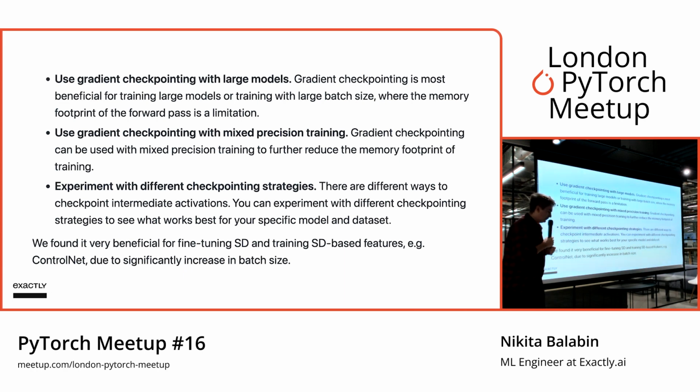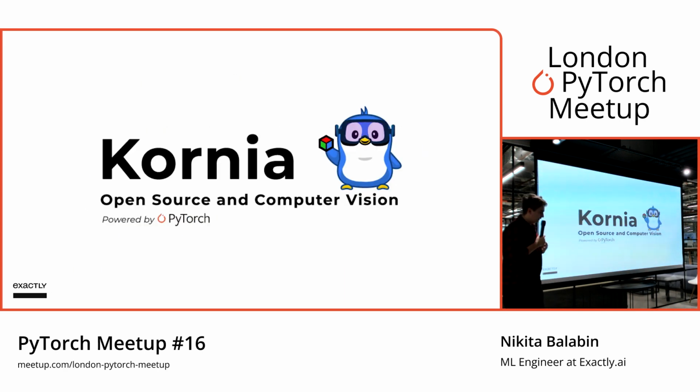In our experiments with diffusion models, it's really beneficial because it helps us save memory and increase the batch size of the training. It's also great because it can be combined with mixed precision. Next slide.